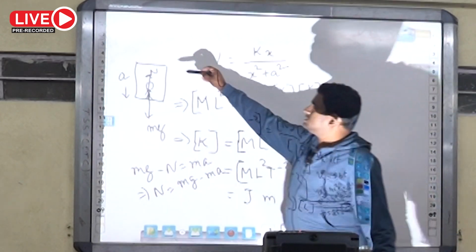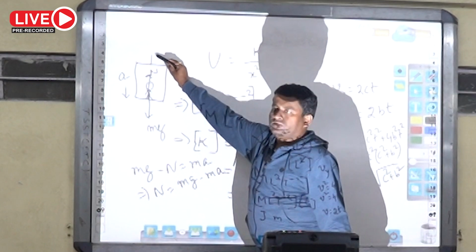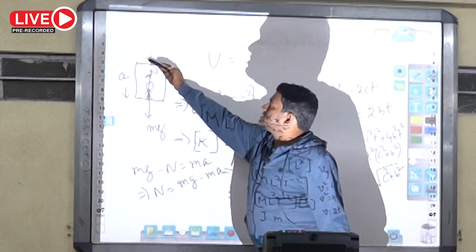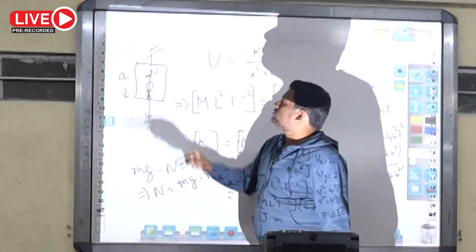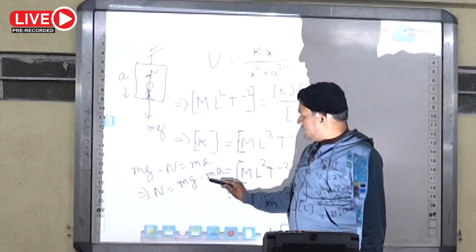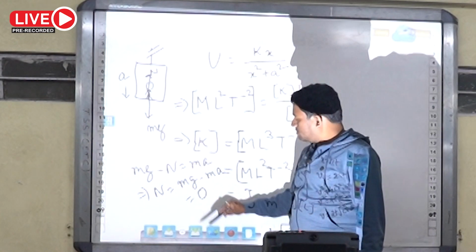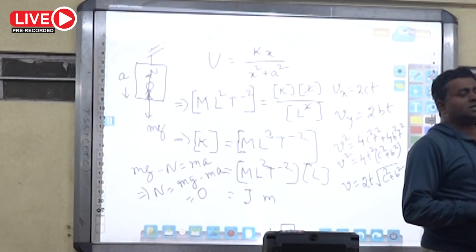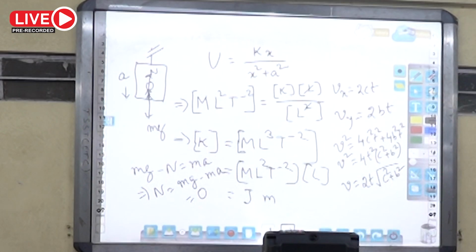If the string connecting the lift with the pulley snaps, then immediately a will become g. Then it will be mg minus mg, which is 0 in the absence of normal reaction, a weightless condition. So option B is the correct option. Half of the actual weight will come only when a equals g by 2.